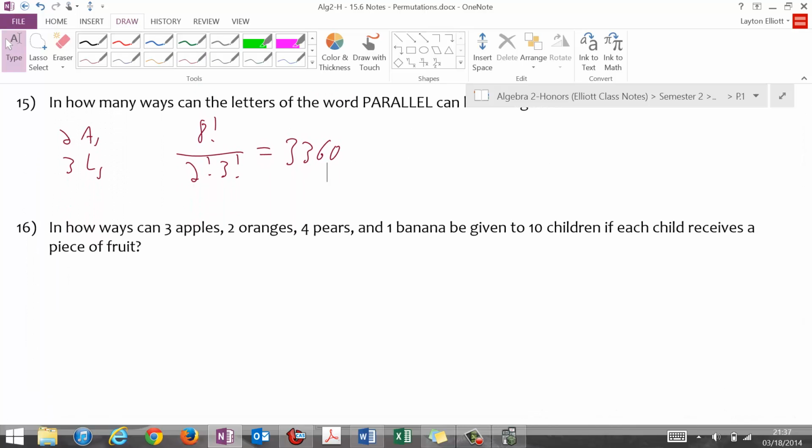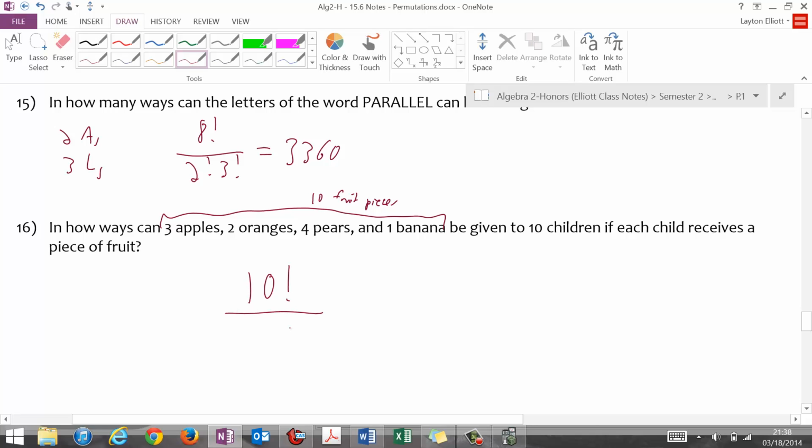3 apples, 2 oranges, 4 pears, and 1 banana given to 10 children. Let's actually count the number of pieces of fruit we have. That is 10 pieces of fruit. Good, no one's left out. I have 10 children, so really that just should be 10 factorial, but some of the fruit's the same. And when it's the same, we're going to divide out the commonalities. 3 apples, so 3 factorial. 2 oranges, 2 factorial. 4 pears, 4 factorial.